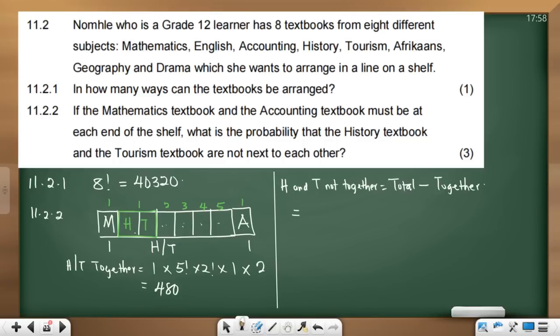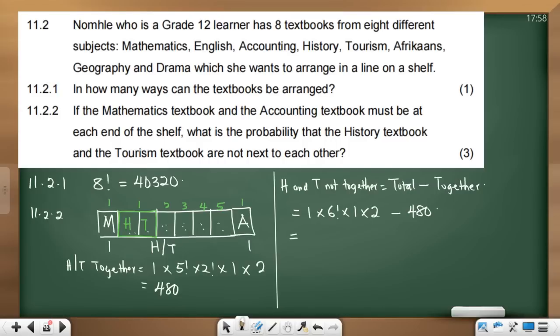All right, what is my total? I have 1, 2, 3, 4, 5, 6 moving around, with maths and accounting fixed, but I can switch my maths and accounting, minus 480 together. I hope that makes sense.